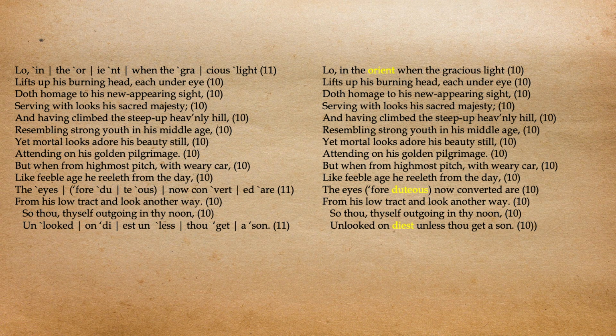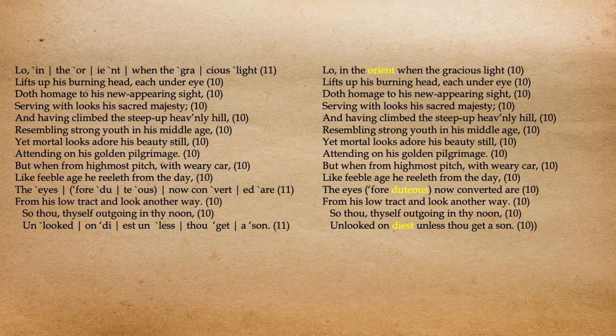We have the contemporary English accentual syllabic metrical breakdown on the left side of the screen, and then we have early modern English and its accentual syllabic breakdown on the right side of the screen. I've highlighted for you the differences in pronunciation of the 3 words that disturbed the accentual syllabic breakdown in contemporary English.